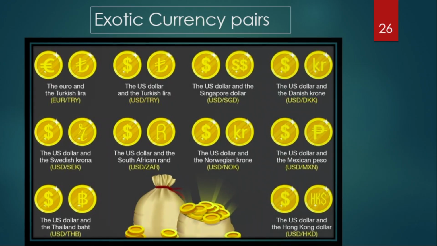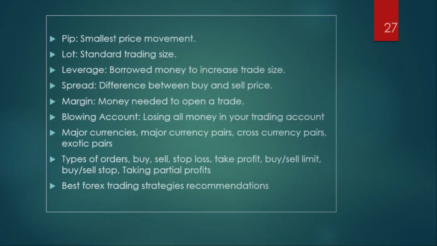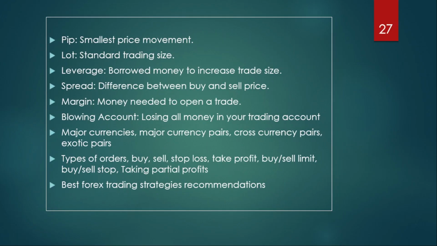So we'll be moving on to talk about the pip, which is the smallest price movement, lot size, the standard trading size, and leverage, which is borrowed money to increase your trade size. We'll talk about spread, margin, blowing your account, and major currency pairs.